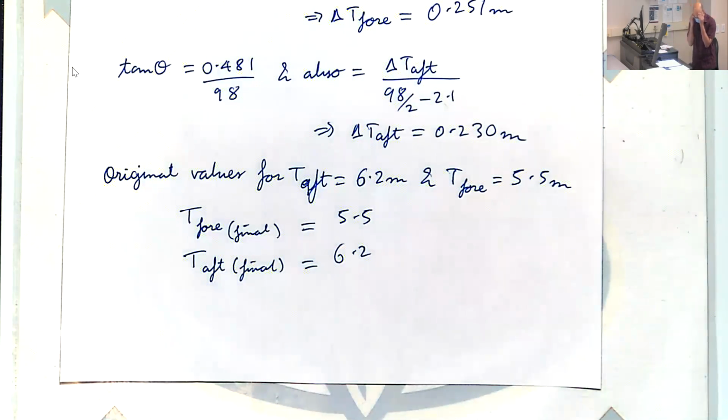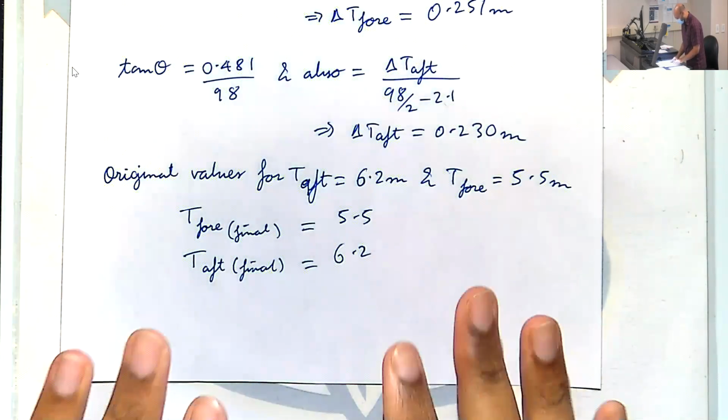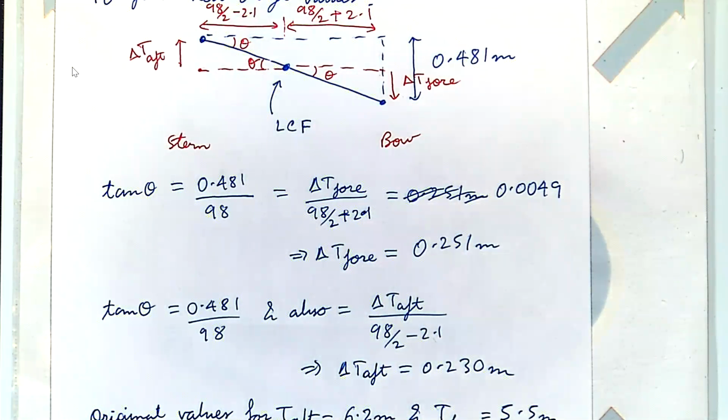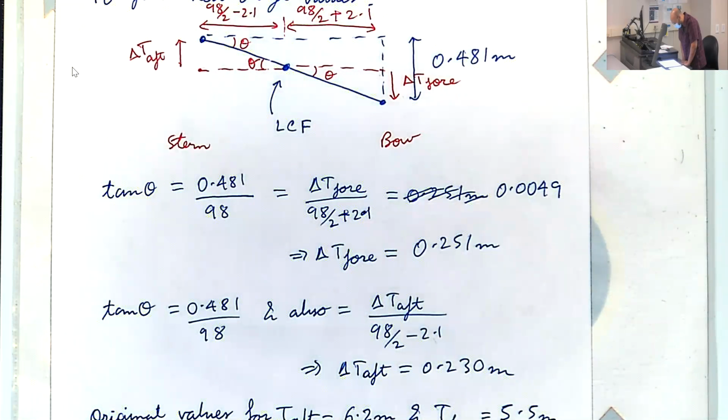No. Give me 1 second. No, you're right. We moved it forward, right? Okay, okay. It's just the graph, but we move it to the front. Correct, yes. Did I draw the graph incorrectly?